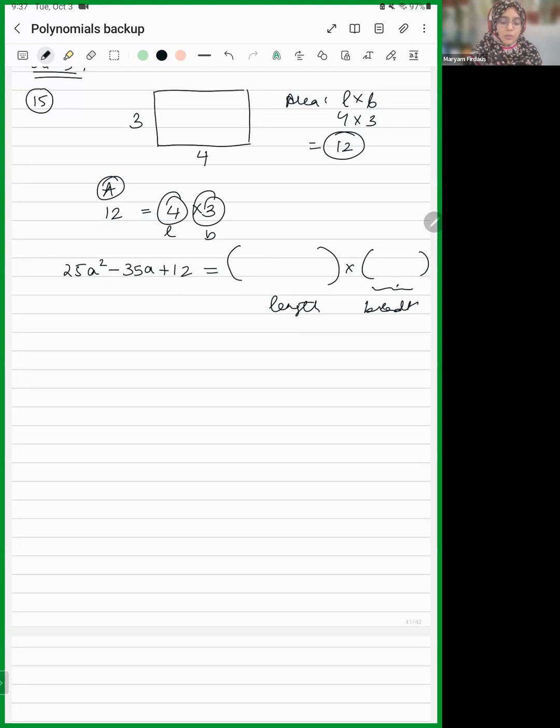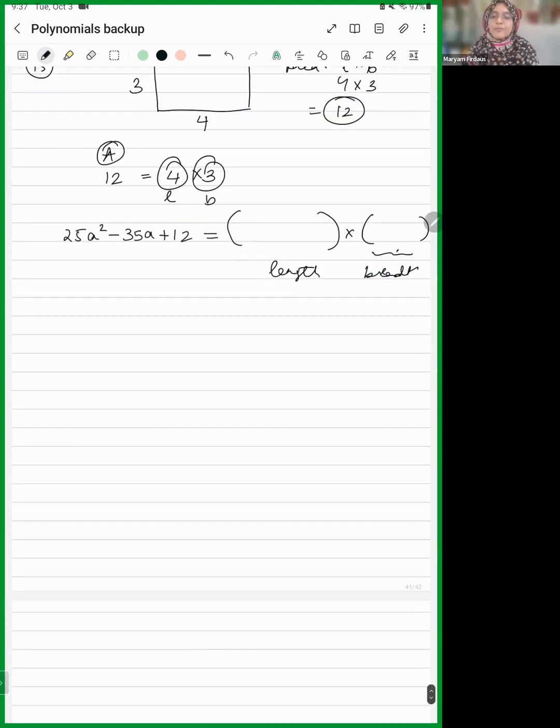So what do we have to do here? We have to factorize it so that we can find the length and the breadth. Give possible expressions for length and breadth. So let's factorize this. This is pretty easy. It's a quadratic polynomial. How do we do it? Middle term splitting.